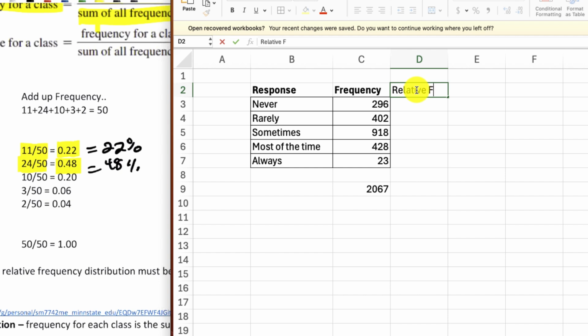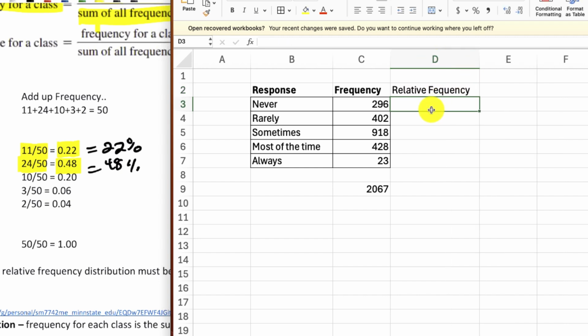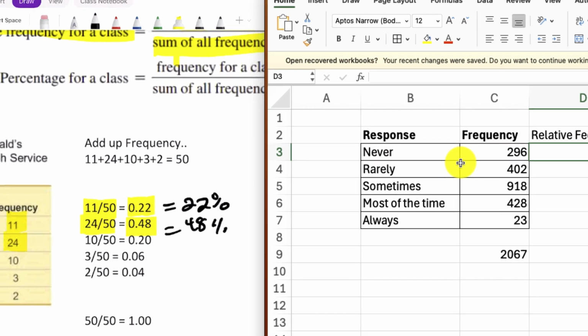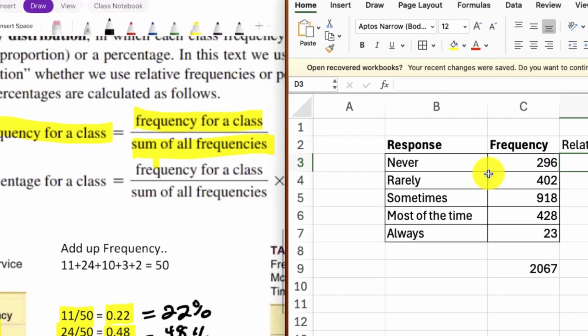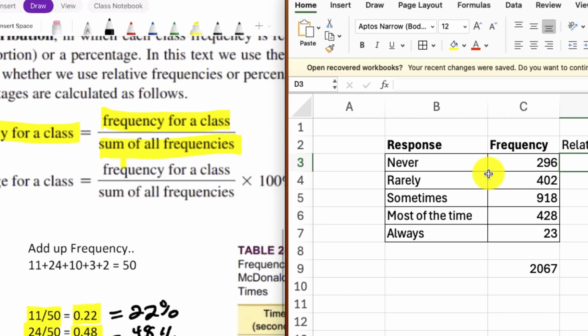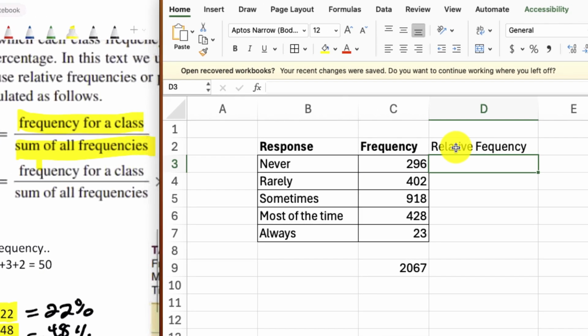Now I'm going to make my relative frequency over here. So I'm going to label it. And all we're going to do is create a little function here. The relative frequency as shown over here was the frequency for the class divided by the sum of all frequencies.